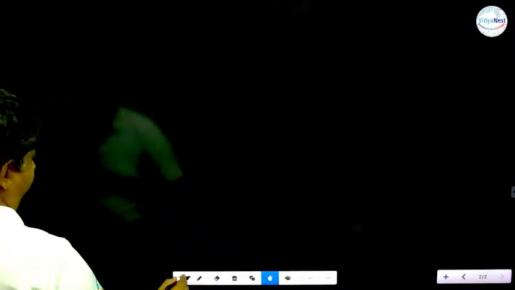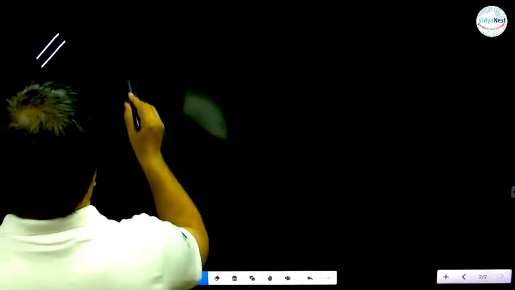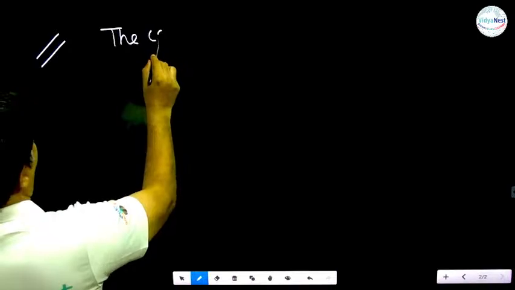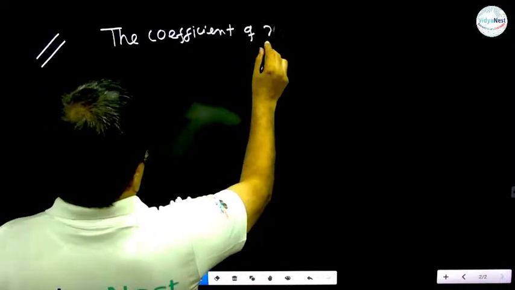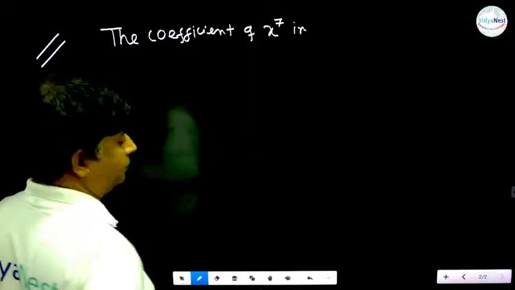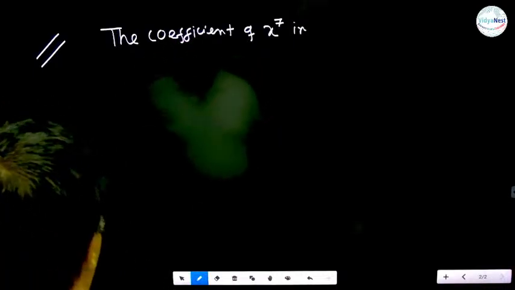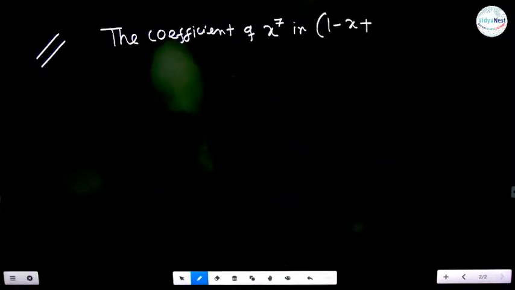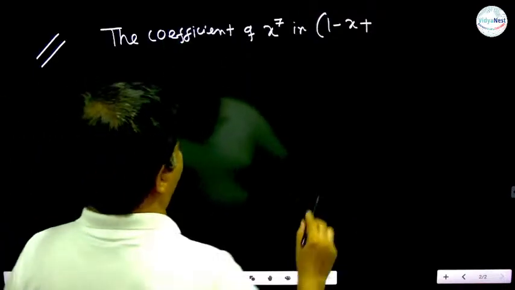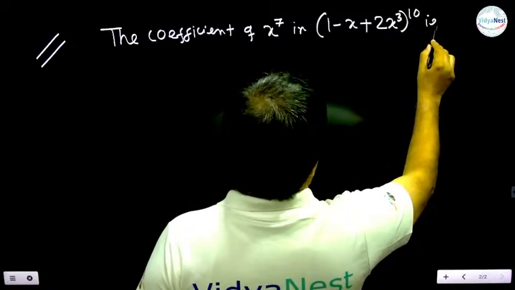One sum of the same type. The integer type question: coefficient of x to the power 7 in (1 minus x plus 2x cube) whole to the power 10 is.